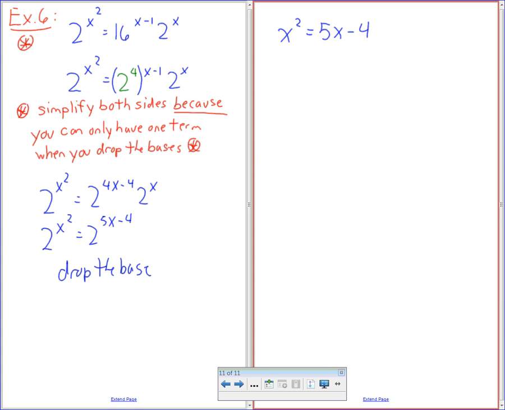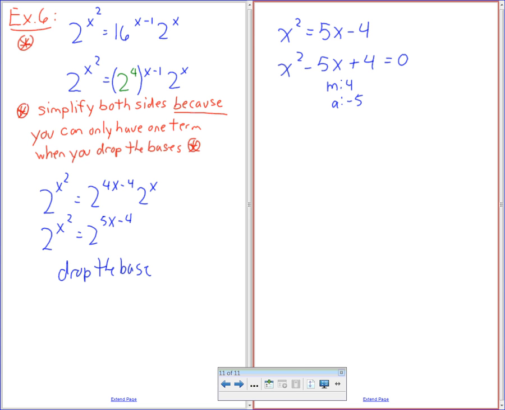Okay, now we have x squared equals 5x minus 4. How do we actually finish this one? Yes, we totally have to factor this one, okay? So it's going to be x squared minus 5x plus 4 equals 0. We're going to multiply to get 4. We're going to add to negative 5. What are those two numbers, please?